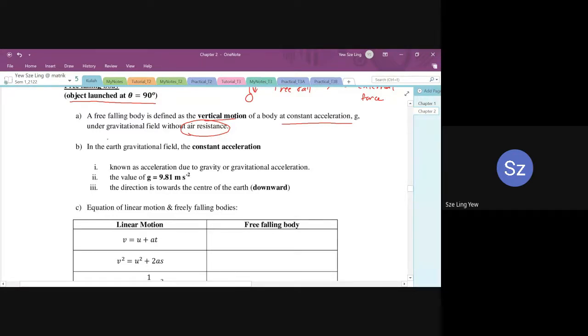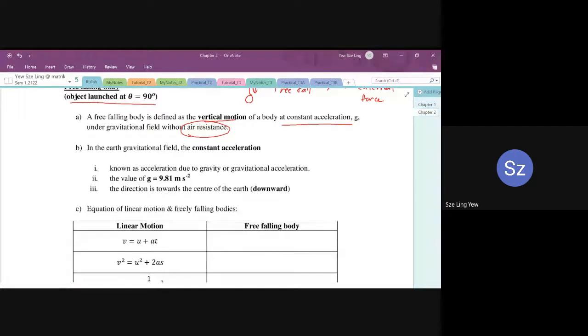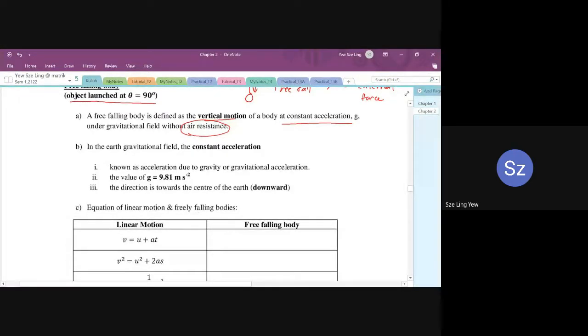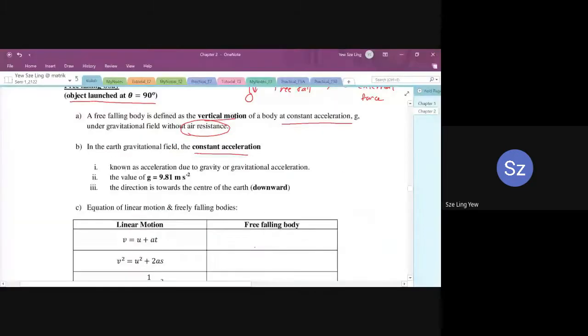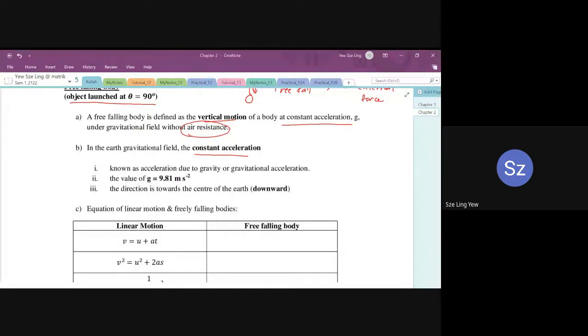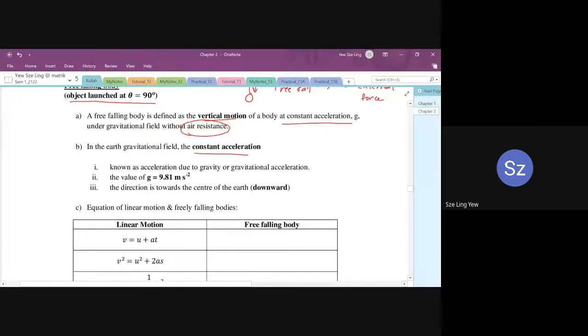Don't go to university and tell everyone there's no air resistance. That is wrong, you have to take into consideration the effects from air resistance. But since now we are looking at the basics, to make it easier for us, we assume there's no air resistance. So a free falling body is defined as the vertical motion of a body at a constant acceleration without air resistance. In Earth's gravitational field, the constant acceleration is known as the acceleration due to gravity, or the gravitational acceleration. So there are a few terms that we use to describe it.